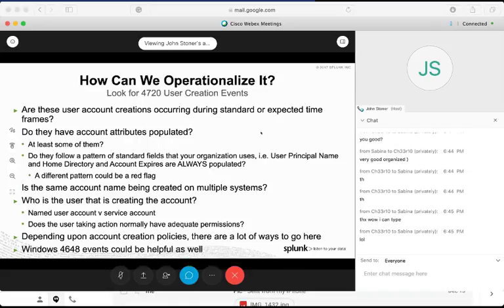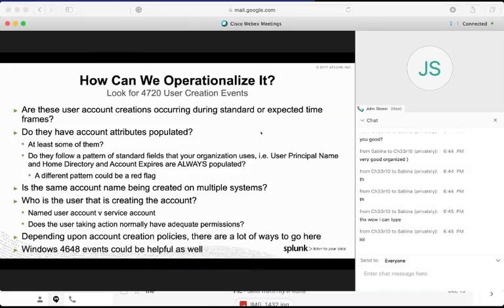Is the same account name being created on multiple systems? Maybe that's normal for certain kinds of systems. Maybe for servers there's a certain account that should be created, but for workstations there isn't, or maybe it's a very specific one created by a very specific individual. Going to that next point, who is the user creating that account? Is it a named user account or a service account? Does that user normally have adequate permissions?